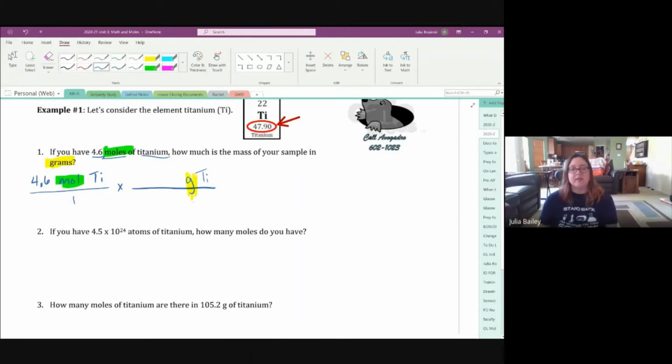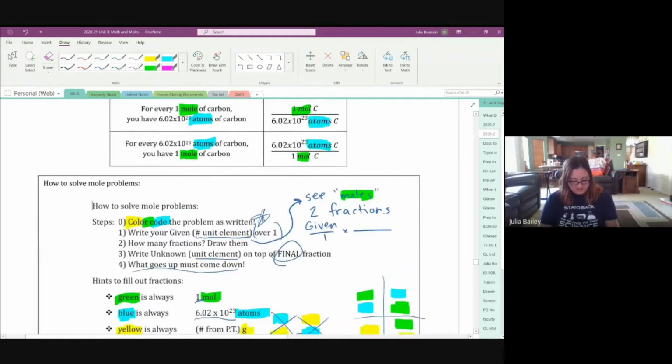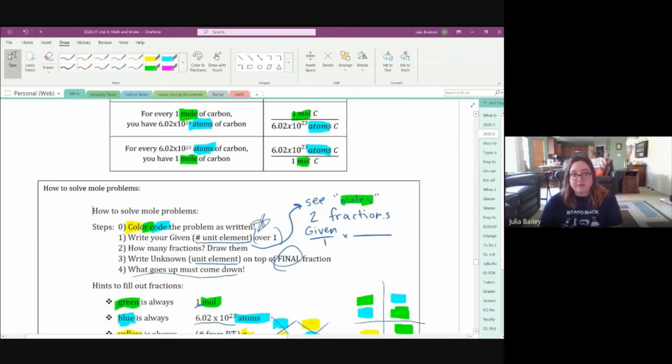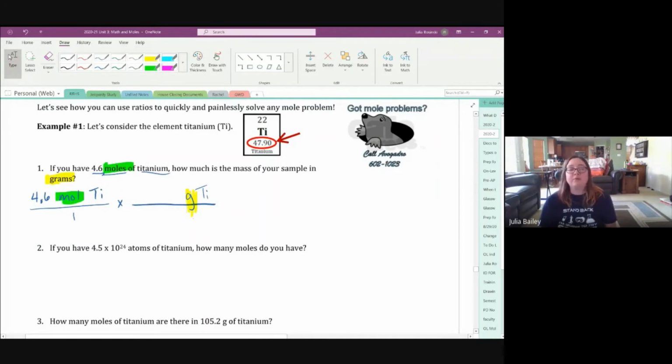Okay. Now looking at our final step. What goes up must come down. Here's what I mean by that. We know that when we want to use a conversion factor fraction to convert, we want whatever words are up here to simplify out, which means we need to have those same words on the bottom somewhere.